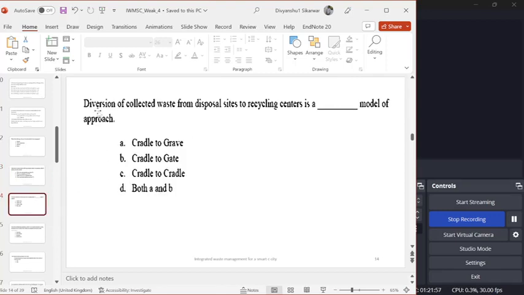The next question is, diversion of collected waste from disposal sites to a recycling center is a dash model of approach. Is it cradle to grave? Cradle to grave would be a landfill site.